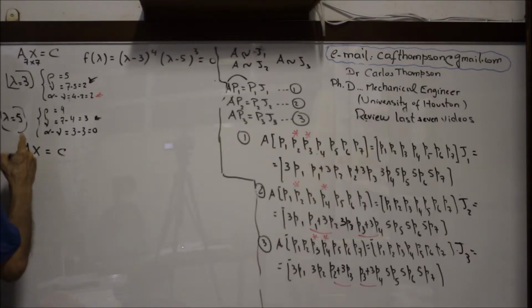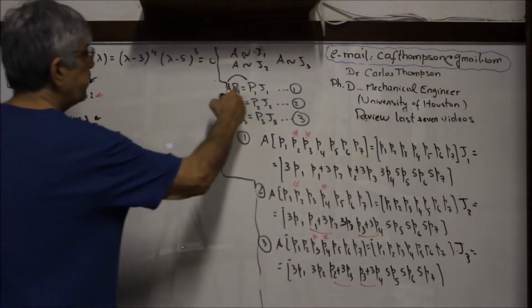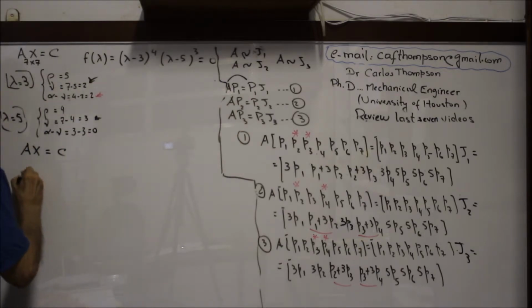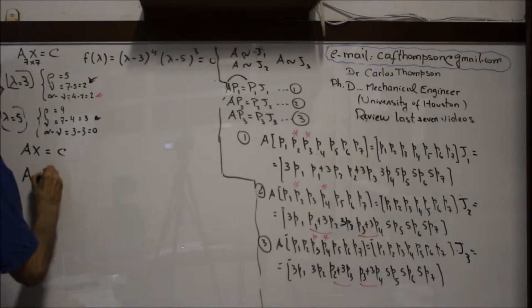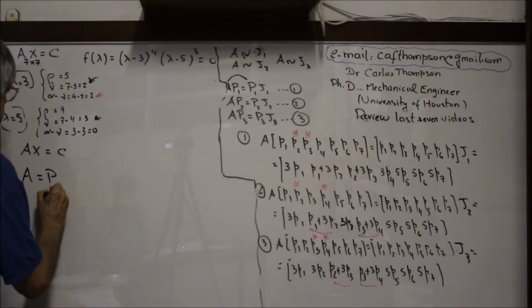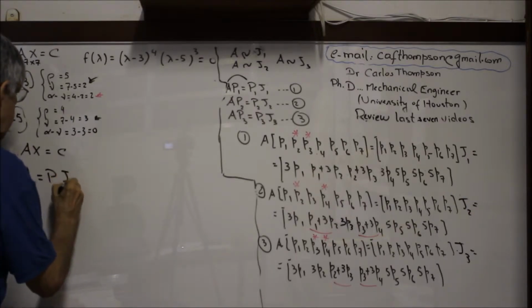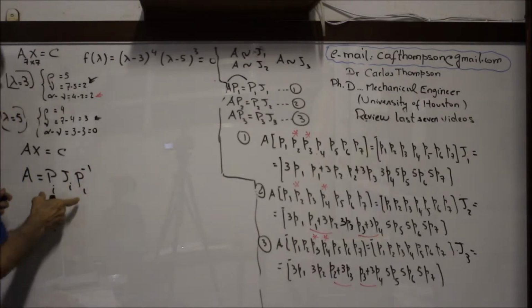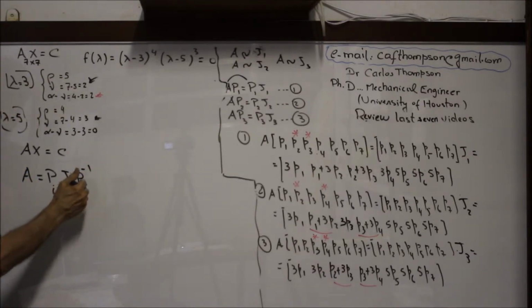Now I substitute A, but you see A is equal Pi Ji Pi minus 1.